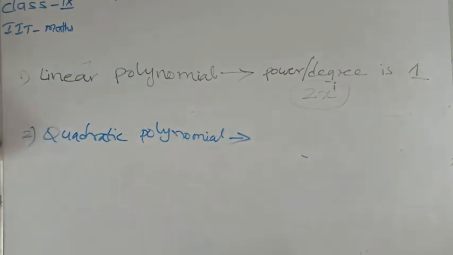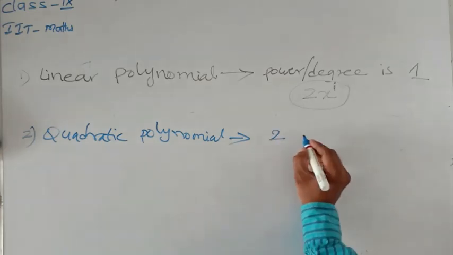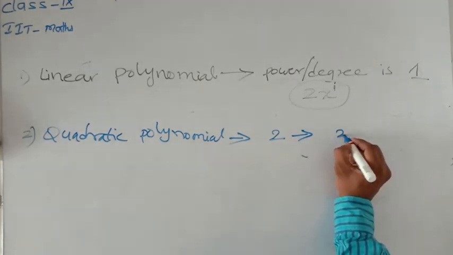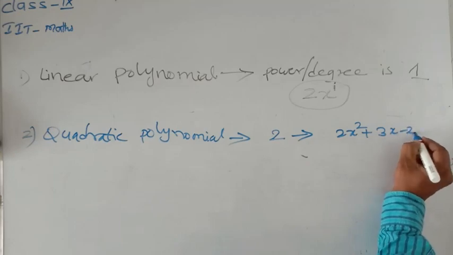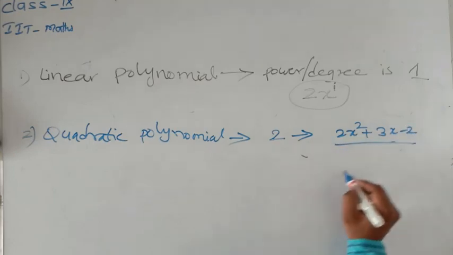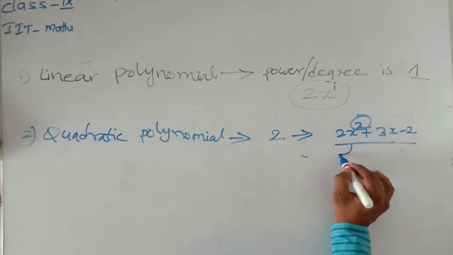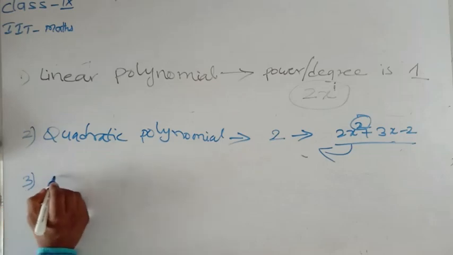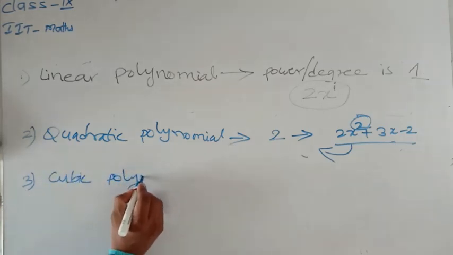A polynomial whose highest degree is 2, then this polynomial is called a quadratic polynomial. Example 2x square plus 3x minus 2. In this equation the highest power of x is 2, hence this is a quadratic polynomial. The third one is cubic polynomial.